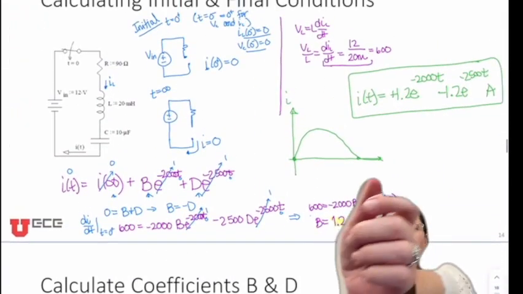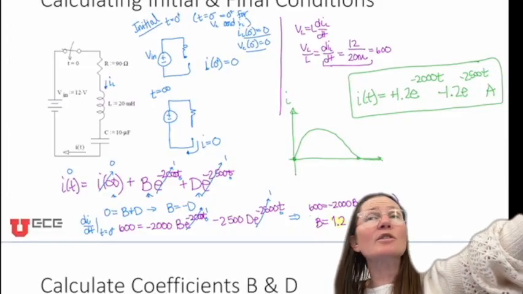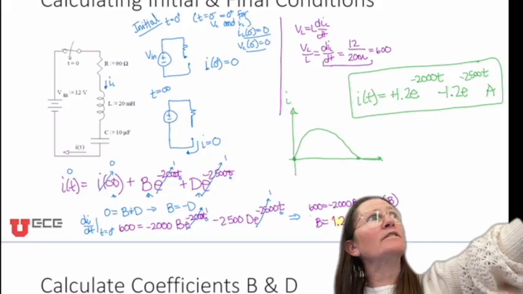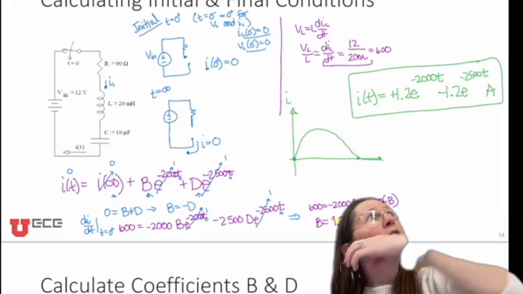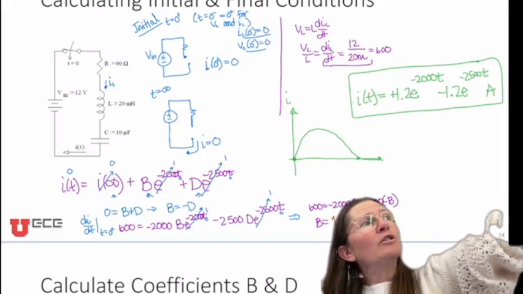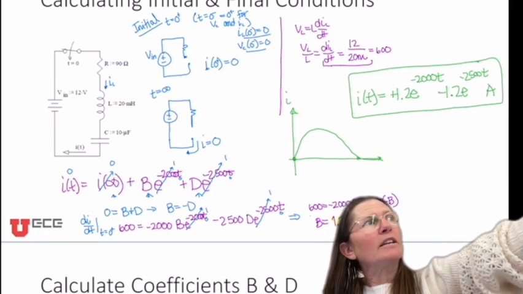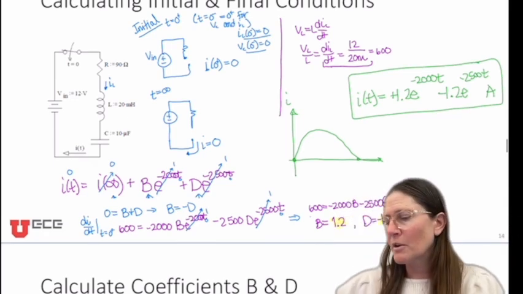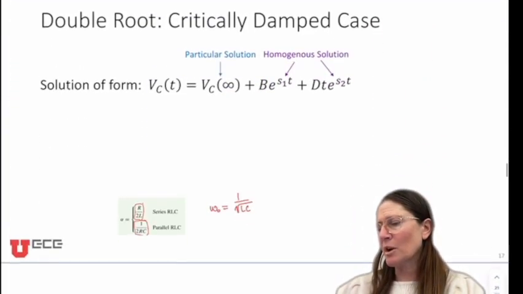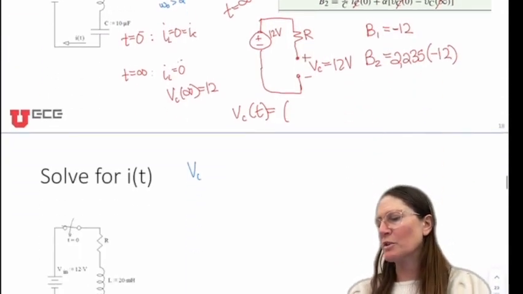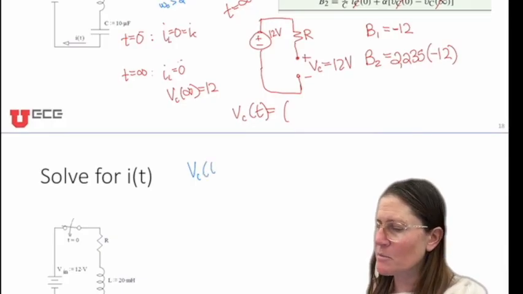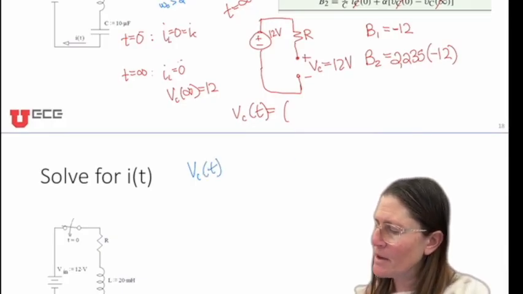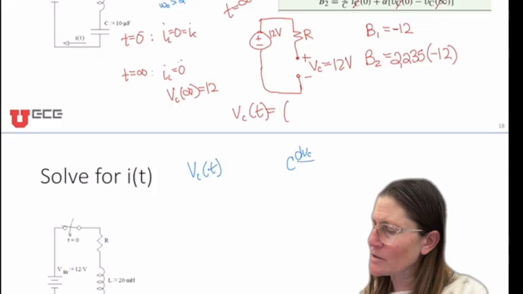So you can find the constants. Here we did it with the current instead of using the method of the table. With this one, you can find the constants by finding the initial values and then setting the equation and then taking the derivative of it to find the other one. In this case, once we find VC of t, we know that the current is going to be the derivative times the capacitance.